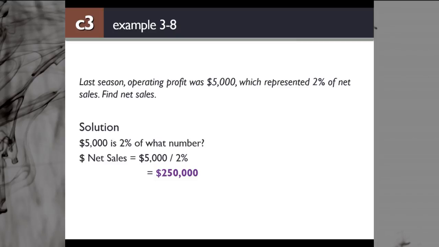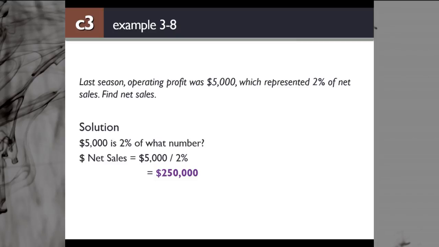So you got the figure of net sales out of this information. So if you know the one factor and the dollar and percentage figure for this one factor, you can always calculate it. Put the dollar at the top and percent at the bottom, and you can calculate this net sales. And to double check, now you know this net sale, multiply that with the 2%, then you can get the 5,000 as a dollar profit, right?